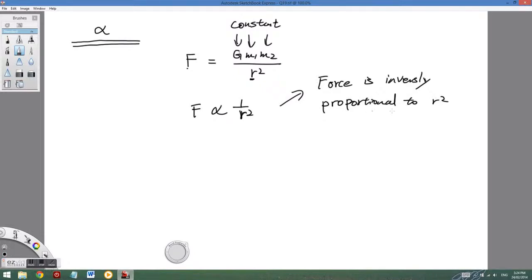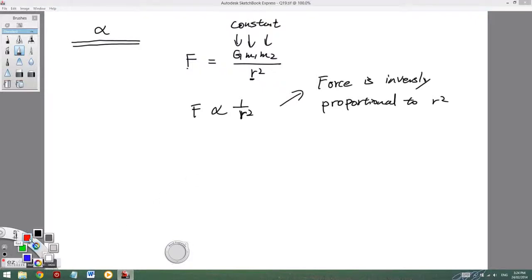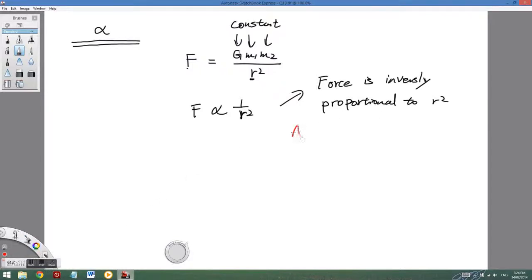What does it mean? It means, let me use red, as the value r squared increases, the force F must decrease.